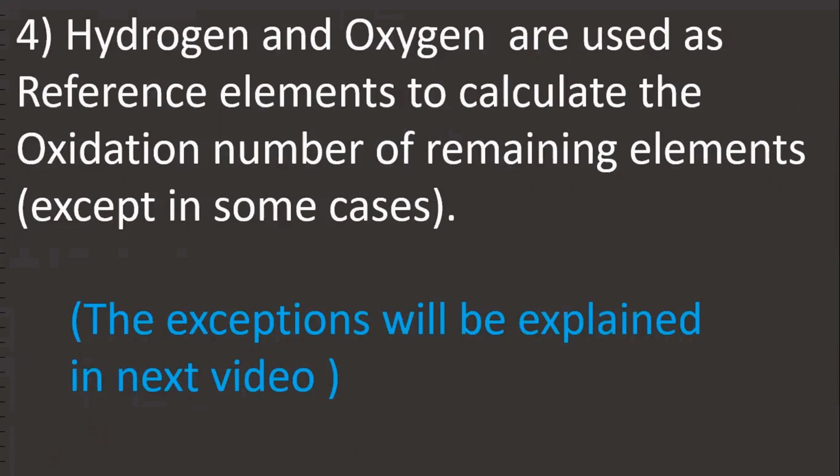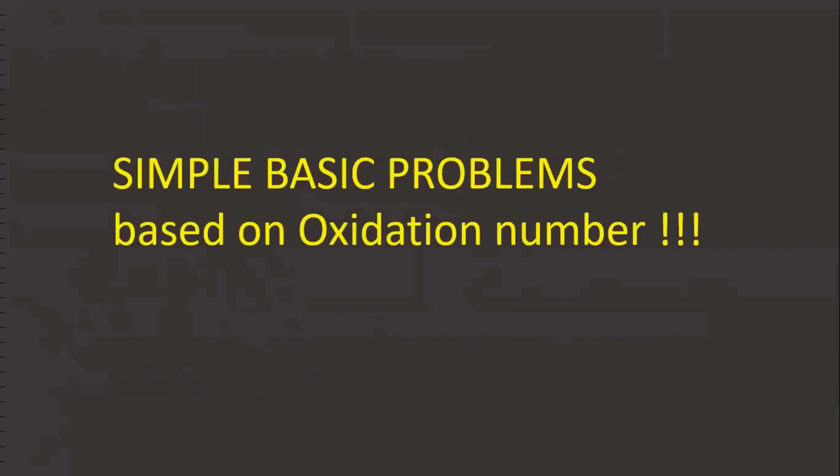Generally, hydrogen and oxygen are used to calculate the oxidation numbers of remaining elements. So hydrogen and oxygen are called reference elements. The exceptions in the oxidation numbers will be discussed in the next video.